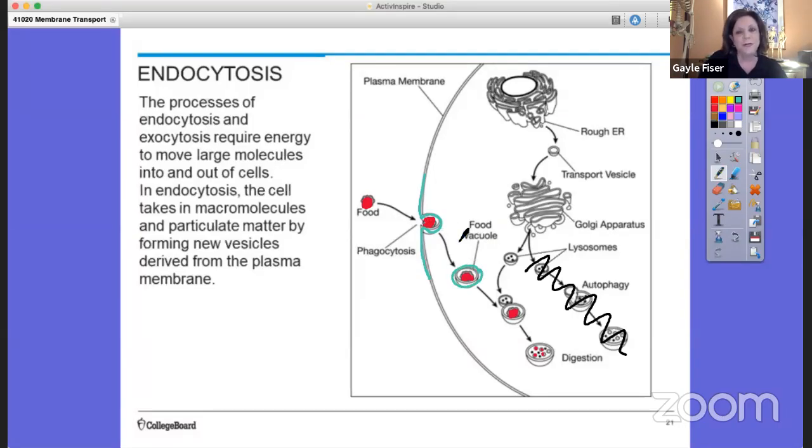It's going to transport it into the cell, and then it's going to fuse with this lysosome, okay? And then that lysosome is carrying digestive enzymes. There's some digestive enzymes, and now it's breaking down that food into usable parts for your cell, okay? All right, and that's endocytosis.